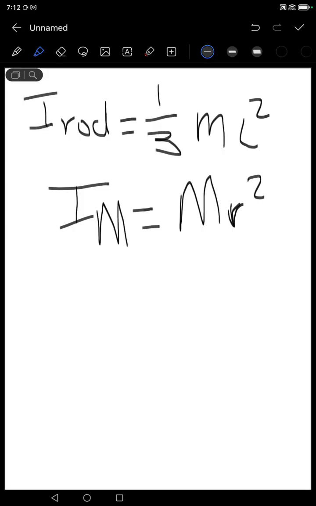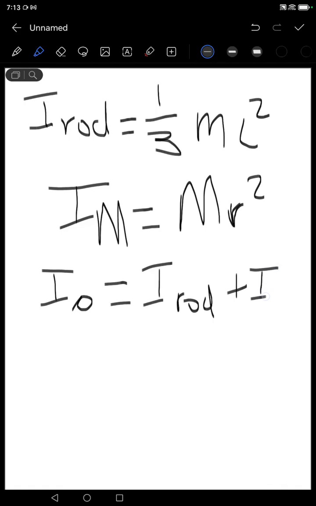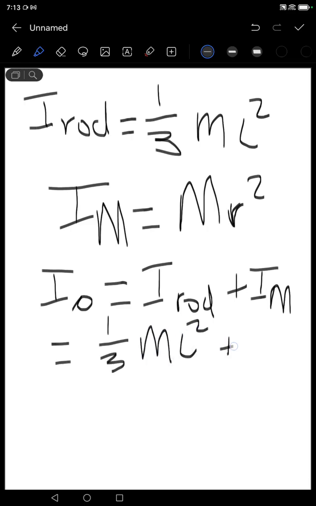After that, we get the total moment of inertia around point O. It's going to be I around pivot point O equals I rod, the moment of inertia of the rod, plus the moment of inertia of the sliding mass. So now we have 1/3 ml squared plus M r squared.